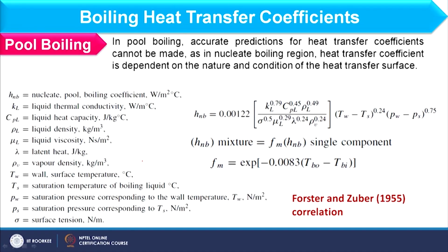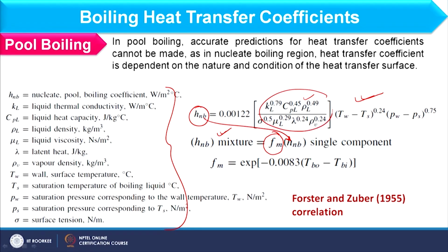As far as pool boiling is concerned, we have a specific heat transfer coefficient expression which is shown here, where HNB is the nucleate boiling coefficient, and all parameters are defined here. If I have to use this equation for a mixture, we consider one factor, FM, with HNB being the value for a single component, because I have many properties of a single compound.